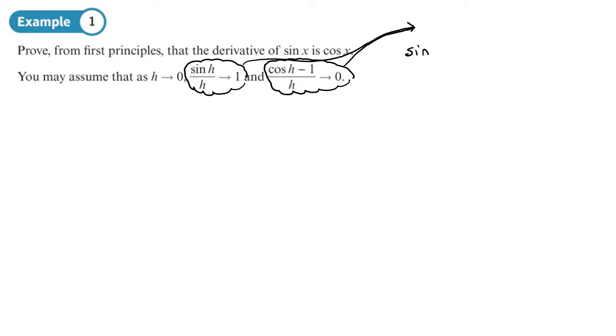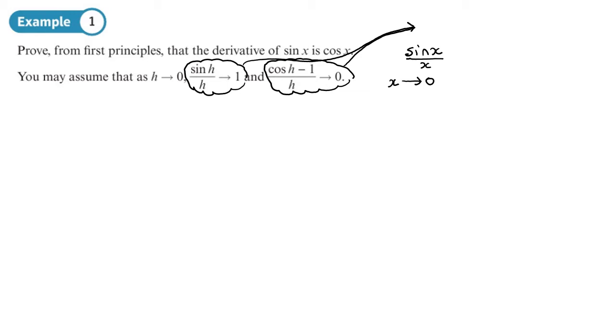So if I've got sine x, let's write this as sine x over x. Well, as x tends to 0, then that means that this becomes small. We can use the small angle approximation.